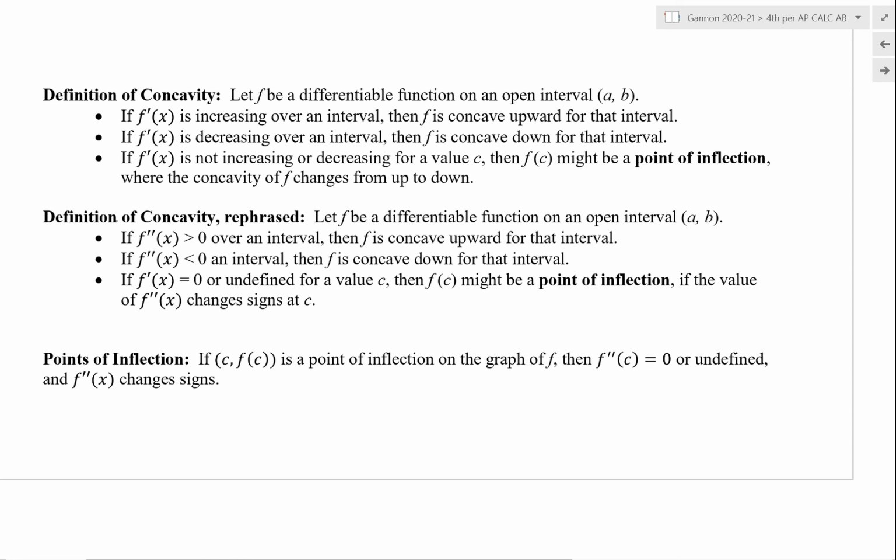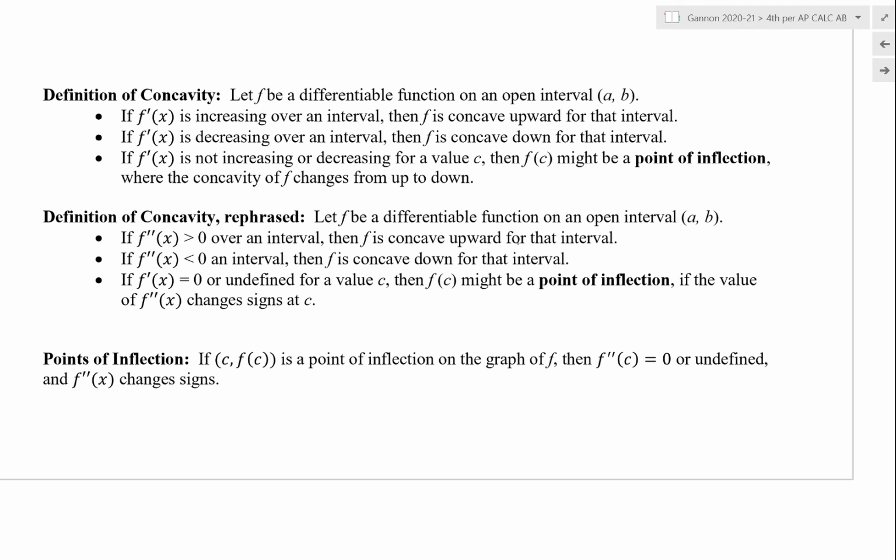All right, so if we rephrase that, we can say let f be a differentiable function on the open interval from a to b. If the second derivative of f is greater than 0 on an interval, then f is concave upward. Now, you might remember from earlier in the units, if a derivative is positive, the function is increasing.